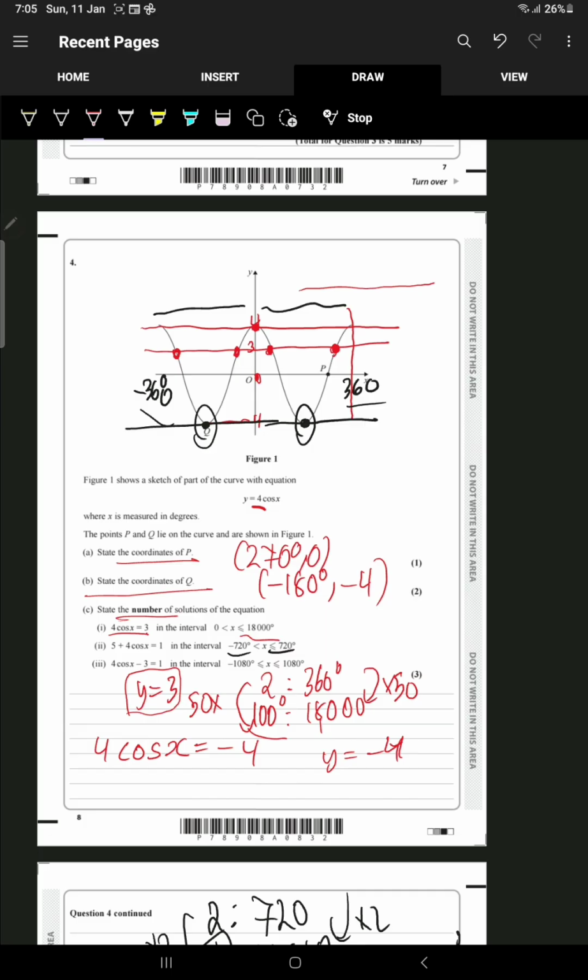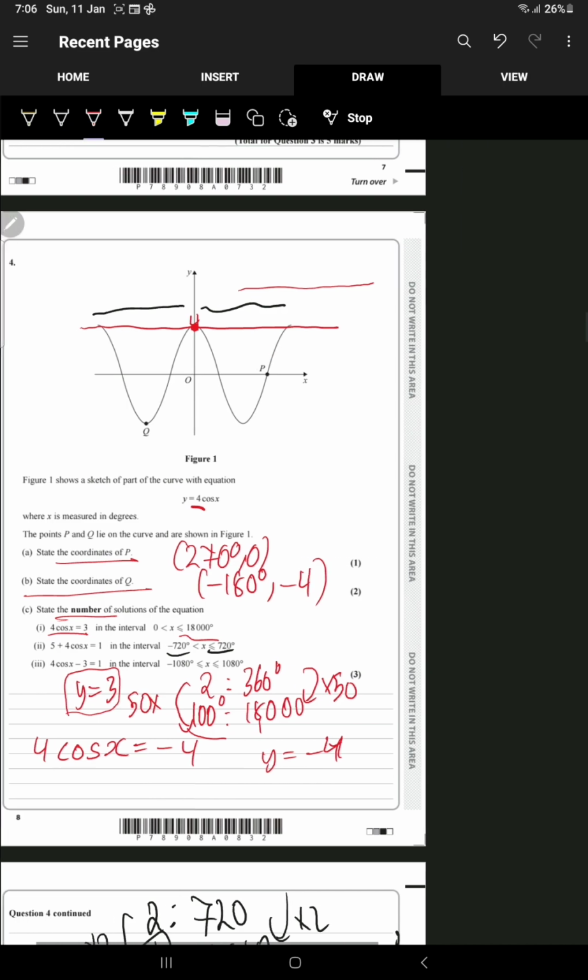So now what we can do is draw an extension over here. So this is 360. We can go above 360 plus 90, which is 450, plus 90 we can go 540, plus 90 we can go 630, plus 90 we can go 720.